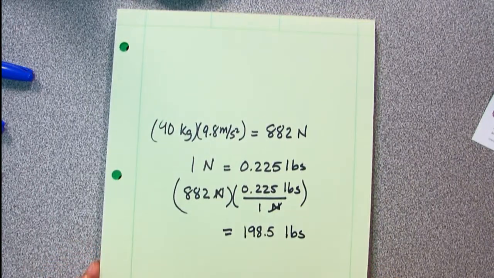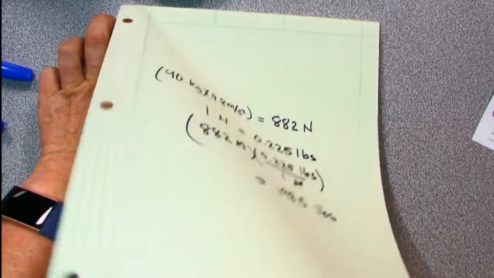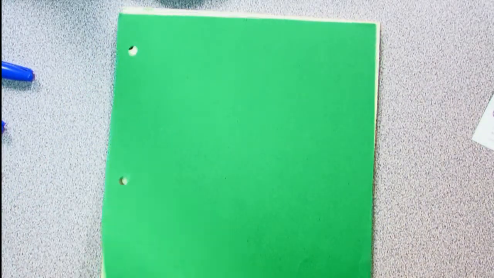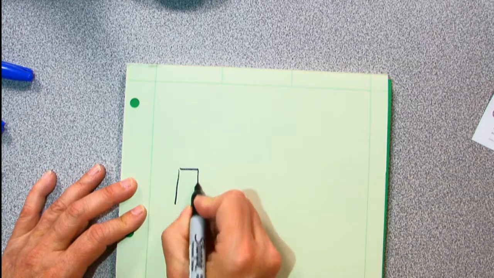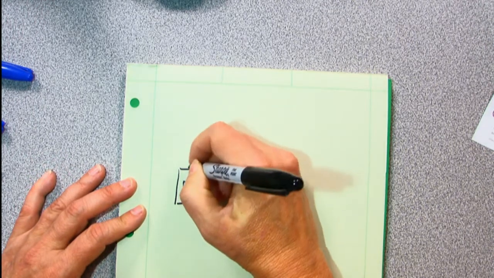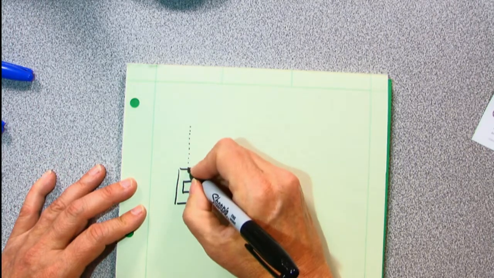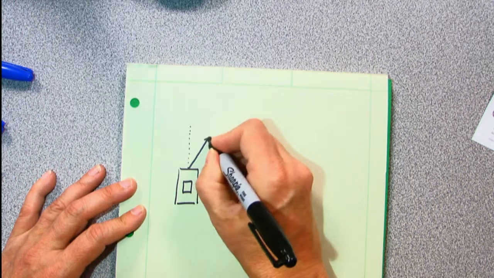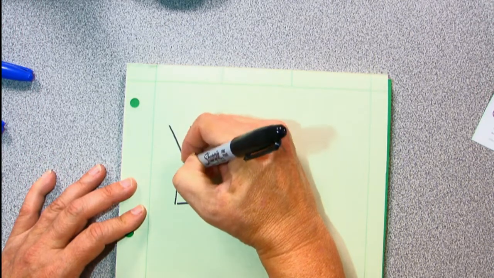Okay, force is a vector, so let's work the problem as a vector. We're going to look at the car from the top, and we're going to be towing the car. We've got two people pulling on ropes, so one force is applied here and another force here.